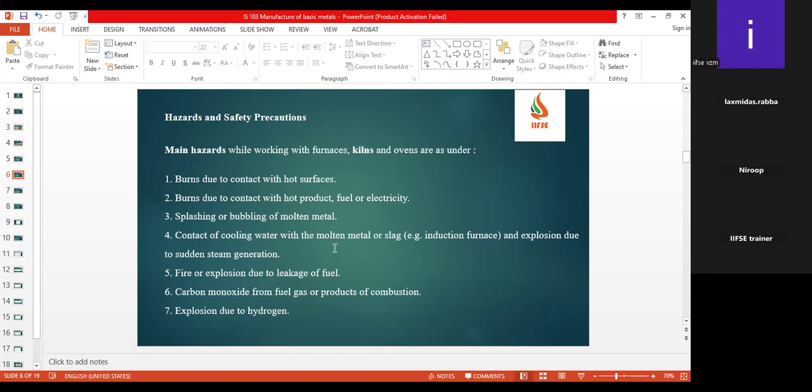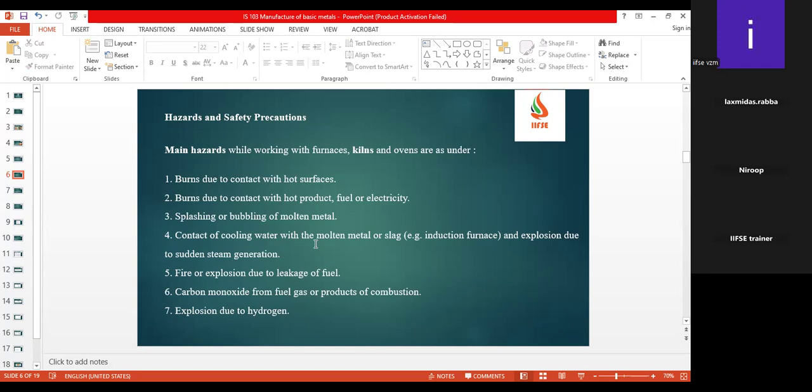Then contact of cooling water with the molten metal or the slag in induction furnaces can cause explosion due to sudden steam generation. To cool these furnaces, we have a jacket around the furnace. In that jacket we circulate water to reduce the temperature when we are not going to use the furnace further.